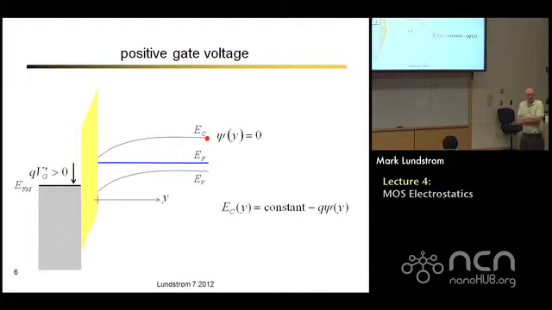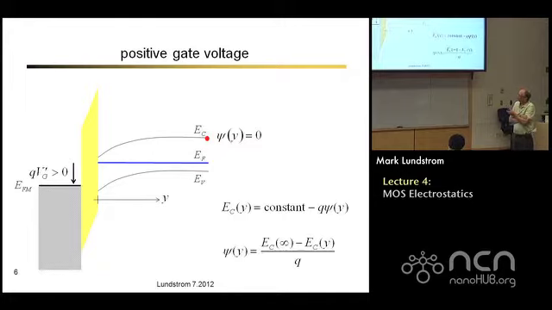So I can always define a reference potential. I can always make an arbitrary reference where my 0 is. Let me think about the 0 for potential being in the bulk of the semiconductor, deep into the silicon. I'll call that potential equals 0. And then when the bands bend down, the potential goes up.